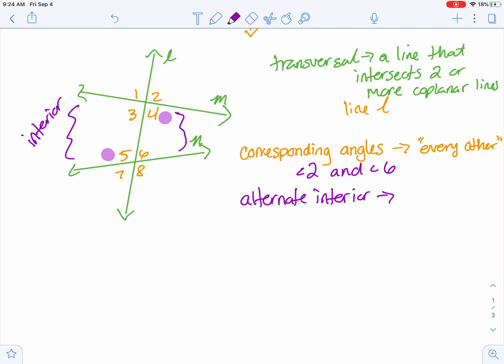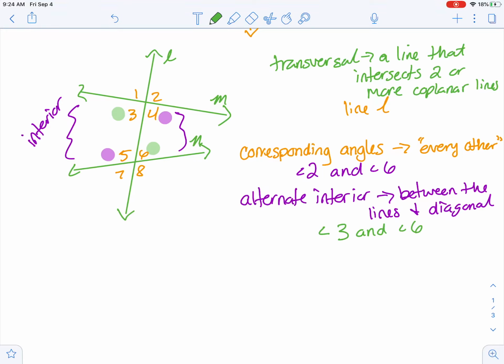Okay, alternate, so 4 and 5, or 3 and 6. So between the lines and diagonal is kind of the way that I like to remember it. Okay, a good example of those would be angles 3 and angle 6.